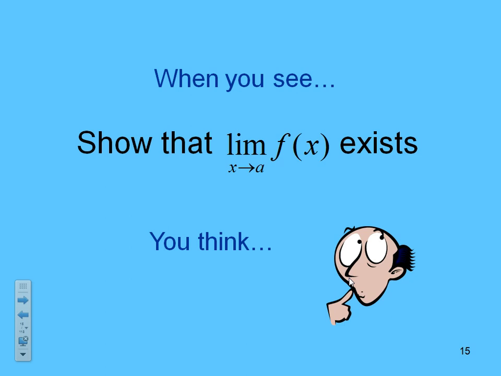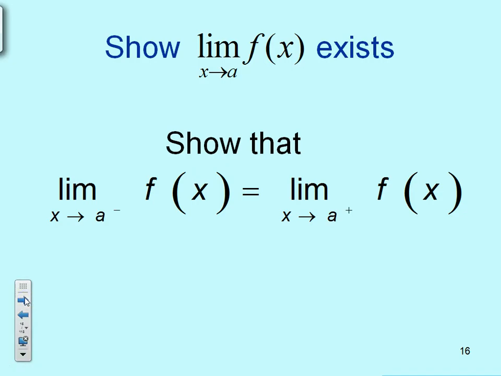What kind of question did they ask if they were asking you to show or explain that the limit exists? Piecewise. So what do I do with the piecewise if I'm trying to show the limit at a separator? Come from the left, come from the right, and see if they're the same.